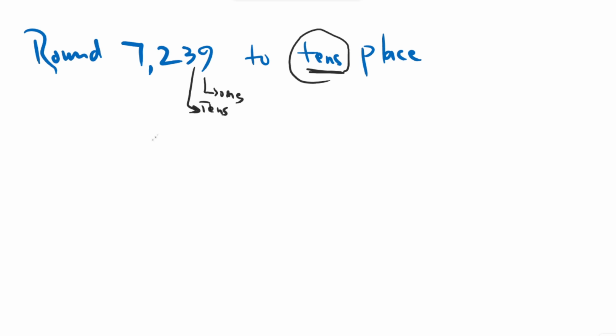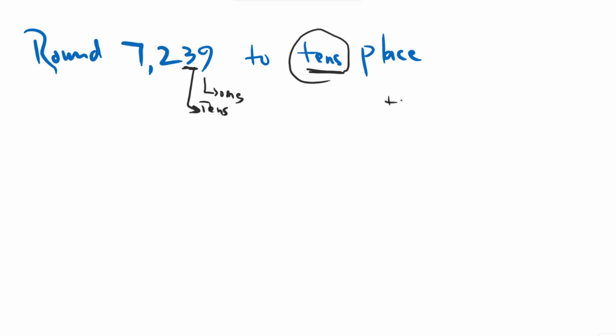That's where it is. So our target is the 3. Now we need to round the 3, which is at the tens place. So what number comes after the 3? That's a 9.